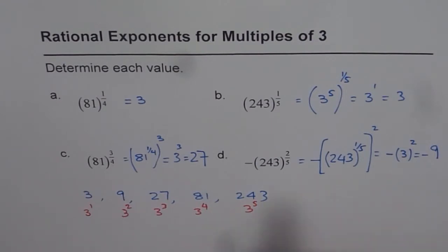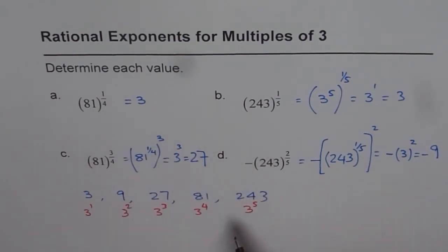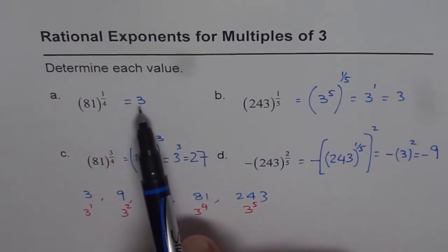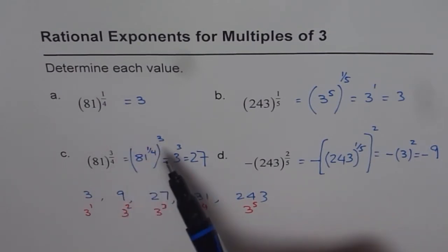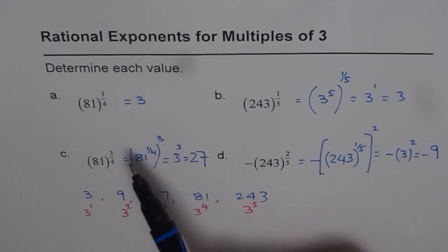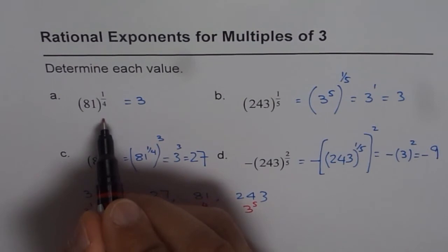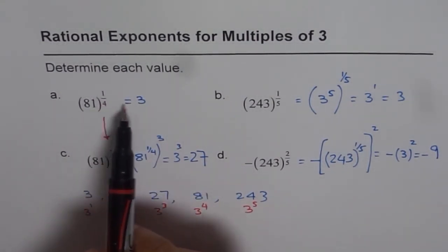So I hope it helps. Now, the idea of having this set of questions is that once you find the radical root, you then have to raise it to a power, so you can do the combination of the two, right? So that's the whole idea. So I think it helps you to understand how to go from here to there, right? So if we have 81 to the power of 1 over 4, we get 3.